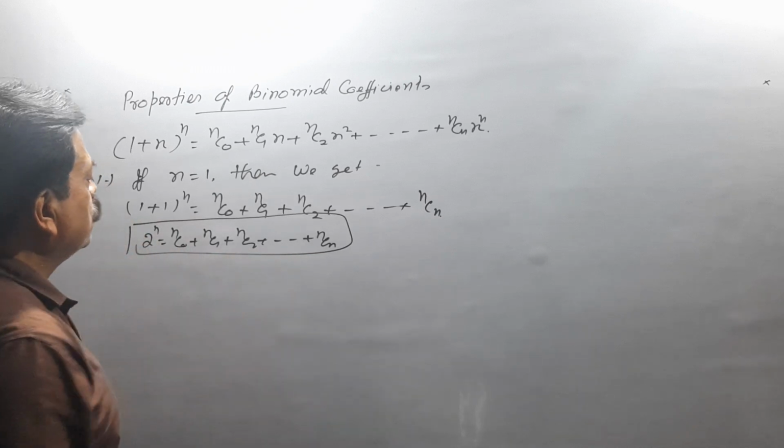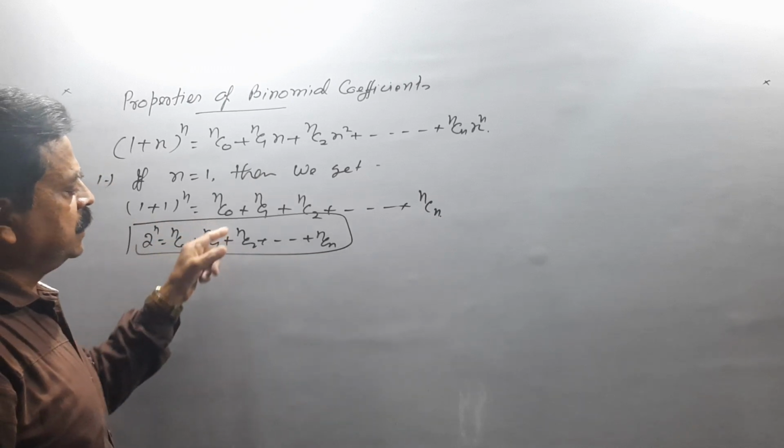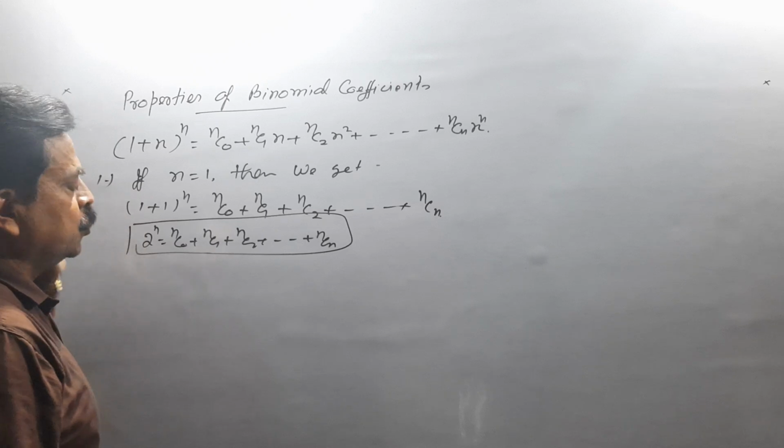So the sum of binomial coefficients nC0 + nC1 + nC2 up to nCn is 2^n.